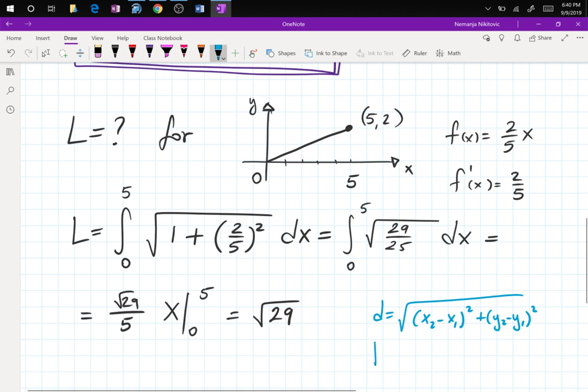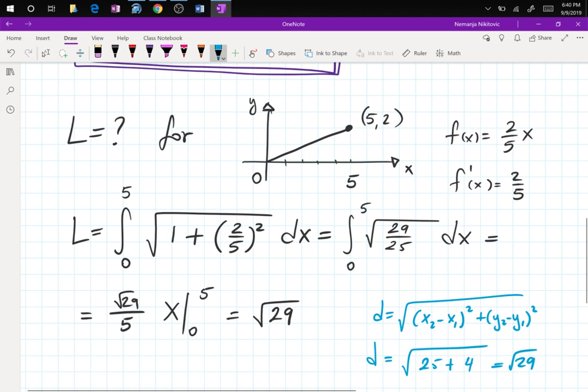So we calculate the distance as the square root of x squared, that's 25, plus y squared, that's 4, square root of 29, and we are done. And that's somewhat verifying that the problem is done. It's good.